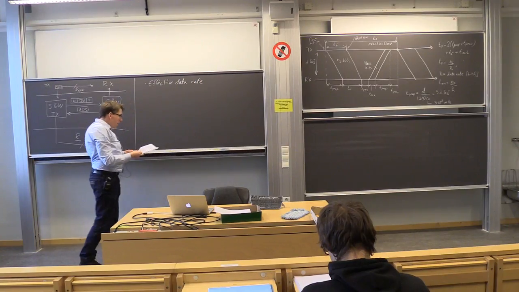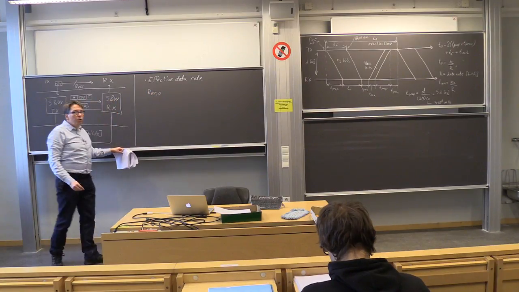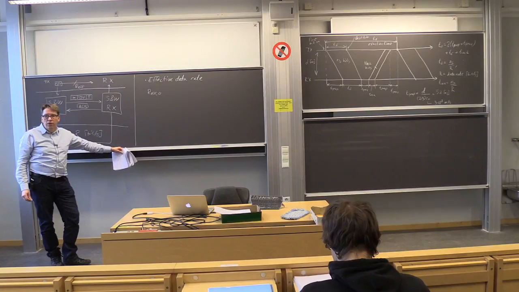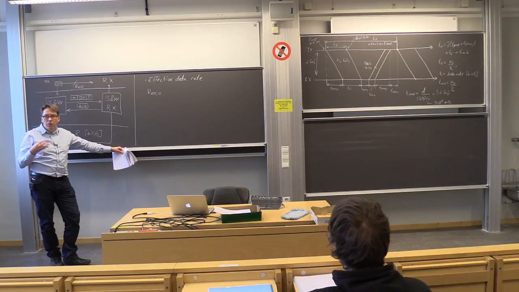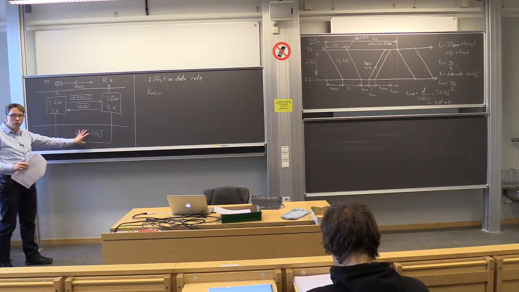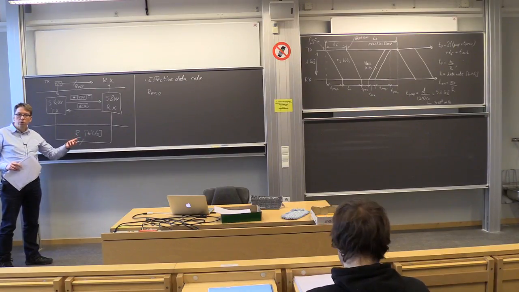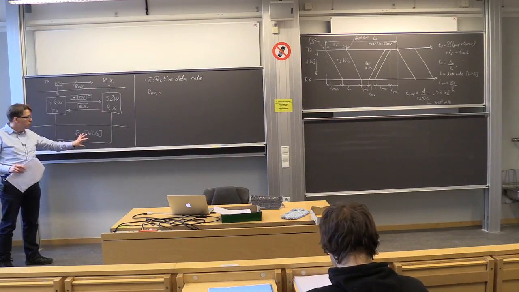So the effective data rate, R_F, and I put in a 0 here also, and the reason for this is that now we're going to calculate the effective data rate when there are 0 errors, meaning that there are no errors on the layer below us. And then in a while, we will compute the same thing when we start to get errors.